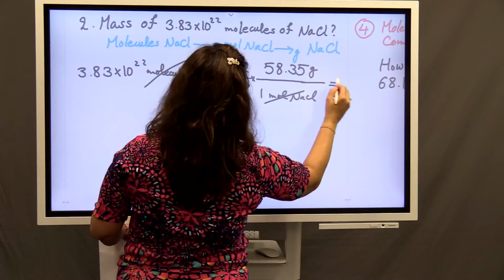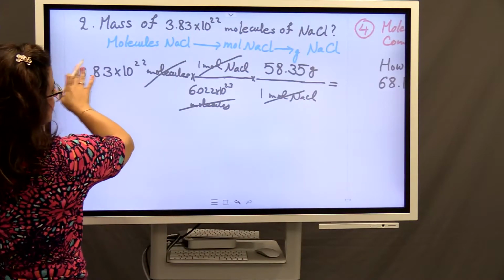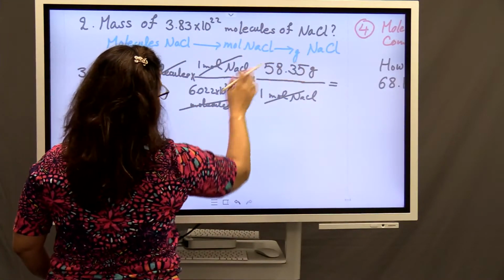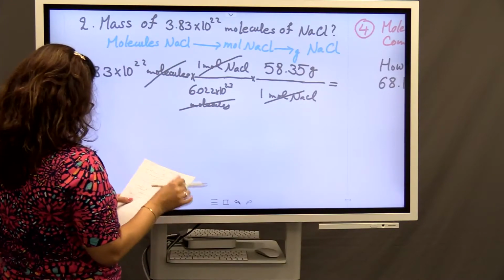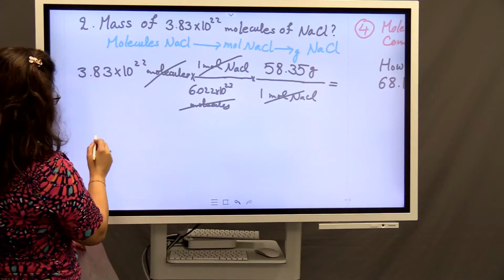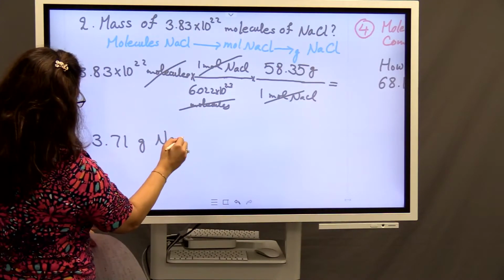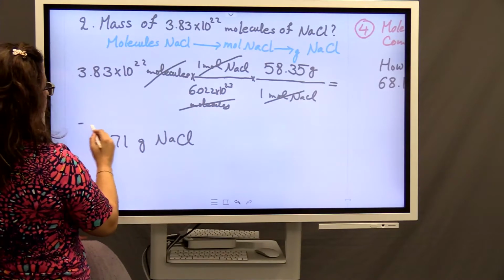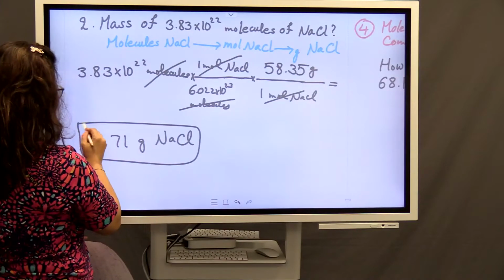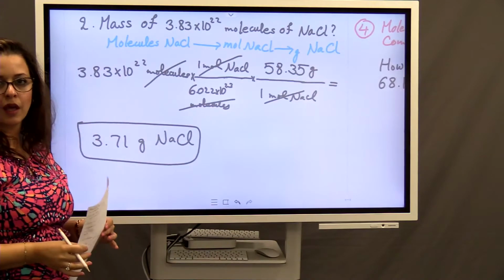And when you do the calculations, this number times this divided by this should give you 3.71 grams of NaCl. And we started with 3 sig figs. Our answer has 3 sig figs.